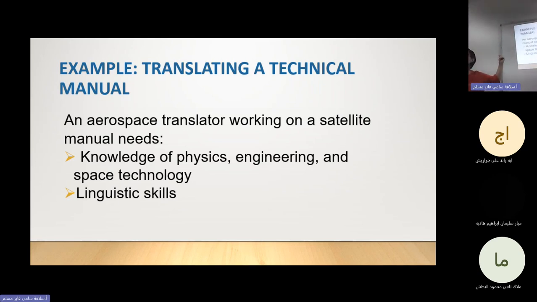Working مثلا on translating a satellite manual, he or she needs knowledge of physics, engineering, and space technology. Yani he should be a scientist. He should have studied sciences at school, at university, whatever, taken training courses. If he or she did not study at a specific university, at least taken some courses in these fields. Okay? And طبعا linguistic skills in order to be able to translate.